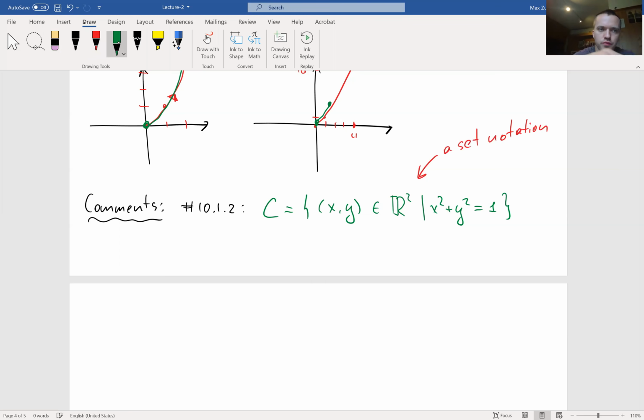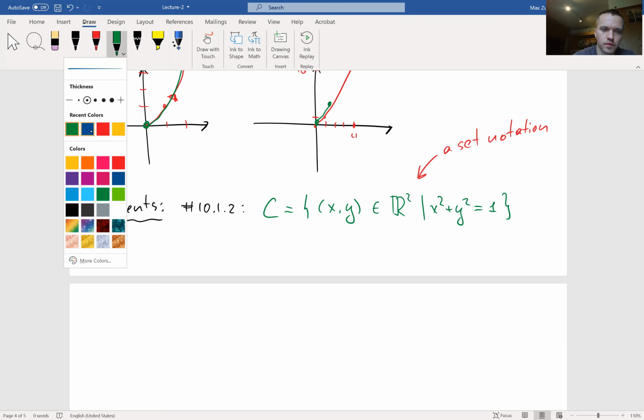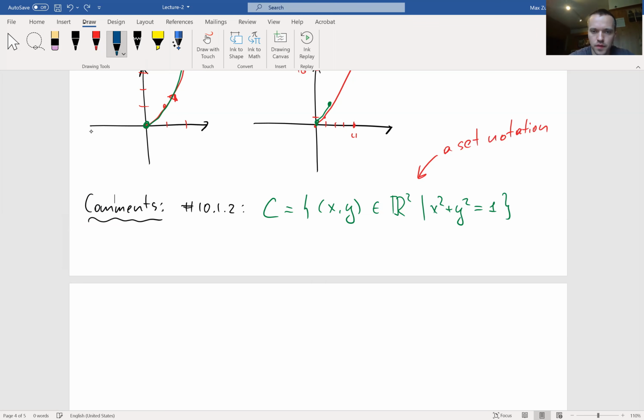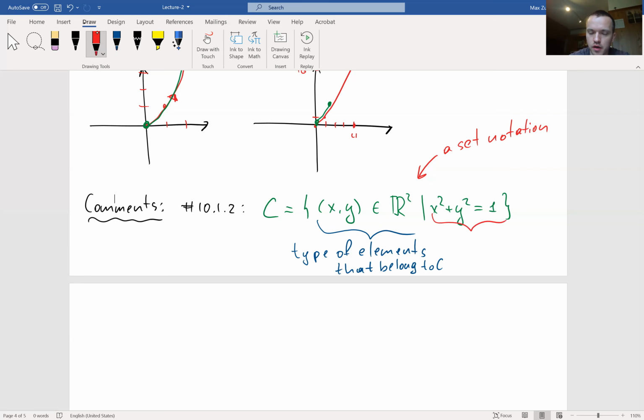The first part, before this mark, describes the type of elements that belong to C. The second part is a rule, or a special property, that they must satisfy.